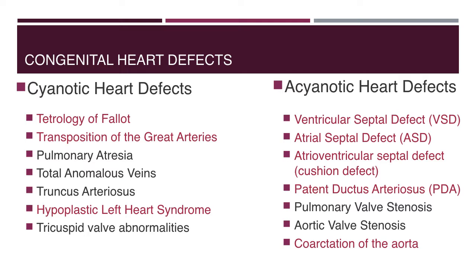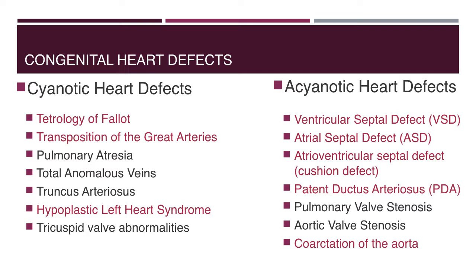So congenital heart defects, it's kind of interesting because your book talks about 2 different ways of looking at heart defects. One is to look at them as cyanotic heart defects and acyanotic heart defects.